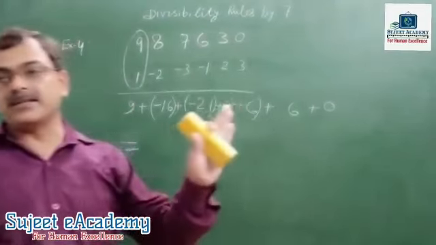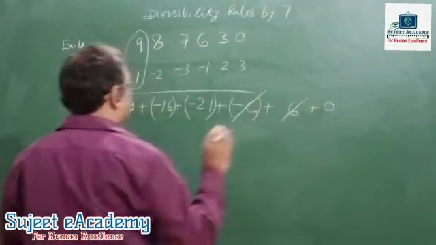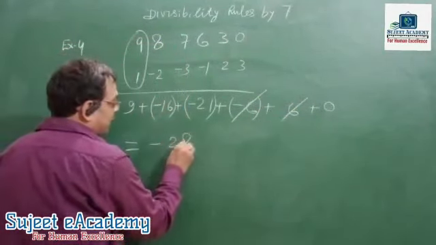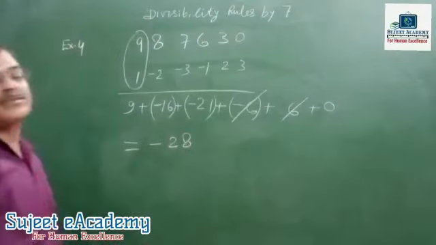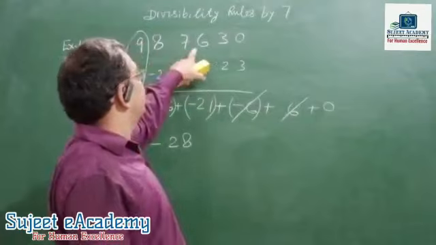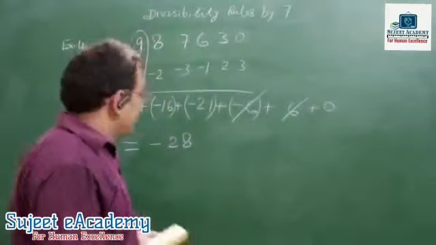Now you add these numbers. To see that this one plus 6 minus 6 cancel out, and this one is minus 28. Minus 28 is divisible by 7. Hence the original number 987630 is divisible by 7 again.